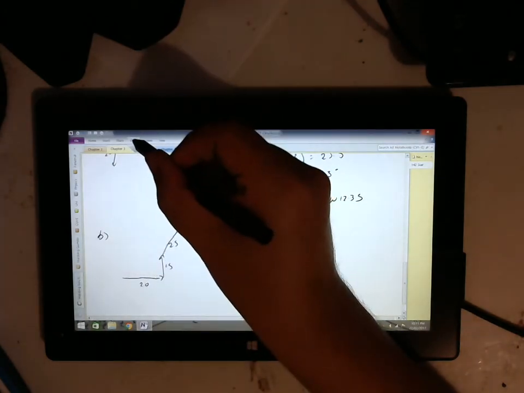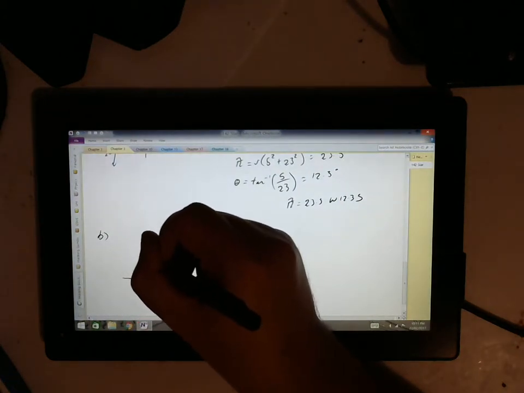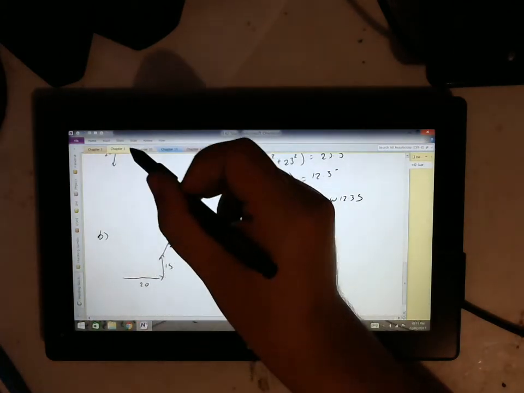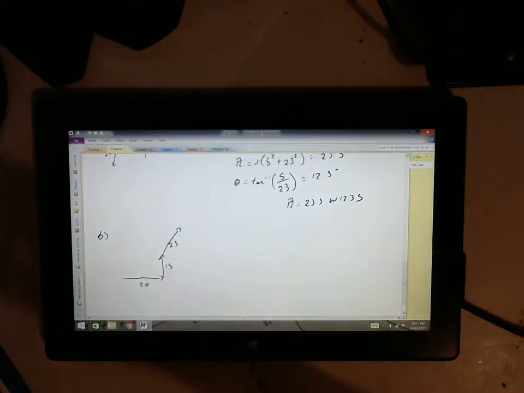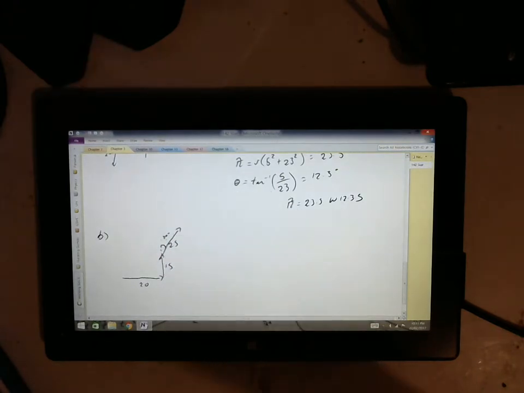And so again, we're trying to work out our resultant, which will be from here up to there. Note, my drawing is definitely not to scale. But we do need to put in that 30 degrees. It's not a triangle, and that's a problem.